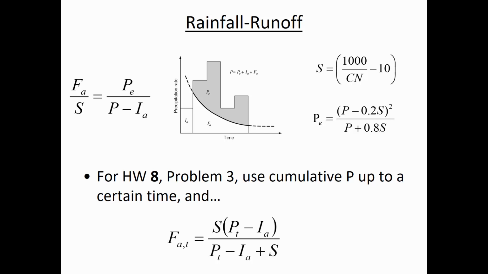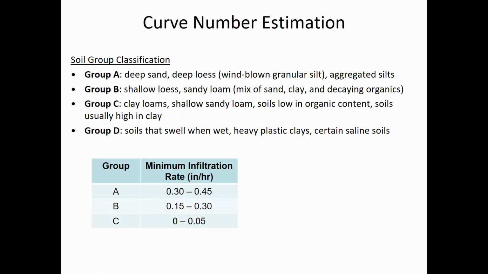The initial abstraction will be a fixed quantity, and the storage is a fixed amount, but what we're saying is that you can find how this applies at many different times. The storage at a certain time is going to be dependent on the precipitation at that time. So just essentially translating this to some precipitation at the time specified in the problem. So refer back to that as you're working on homework 8, problem 3.